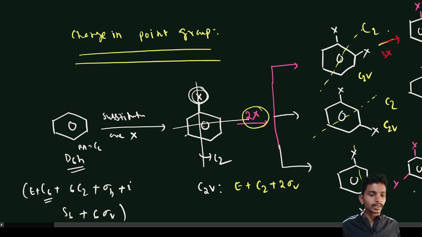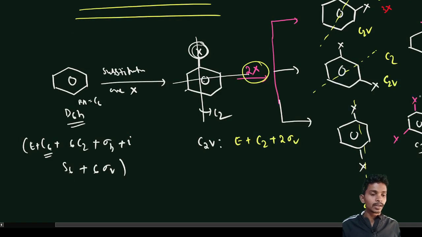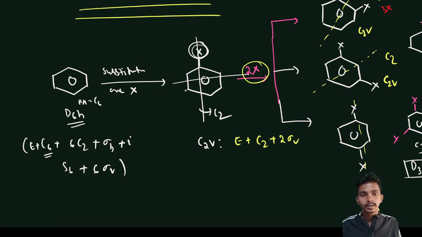By looking you can say that C3 is here, and this is a planar molecule, so this is D3H.